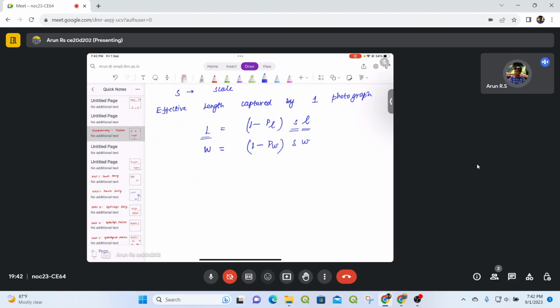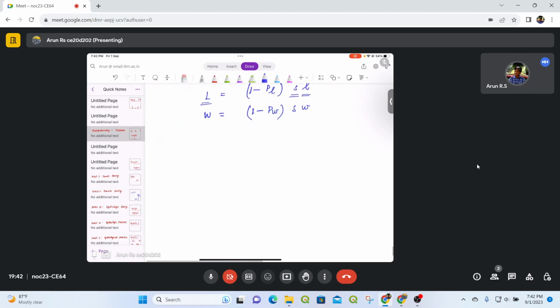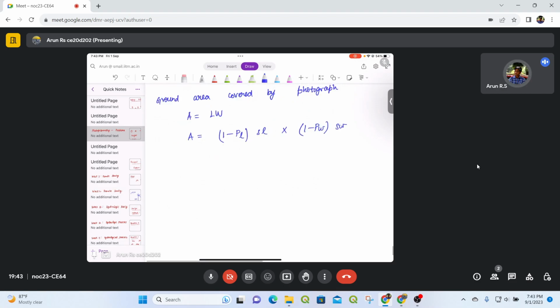Now we can find out the ground area covered by a photograph, that is your L into W. So capital A is equal to L into W, 1 minus PL into SL into 1 minus PW into SW.